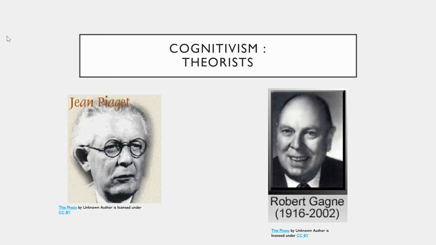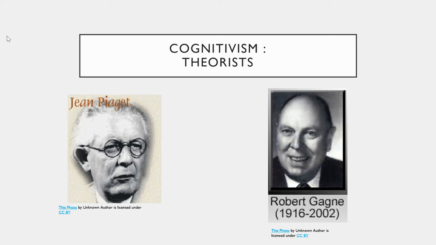There are two theorists that have roles in the birth of cognitivism. Swiss psychologist Jean Piaget is an influential theorist in educational psychology. Piaget studied development and learning in children and identified 4 stages of cognitive development.